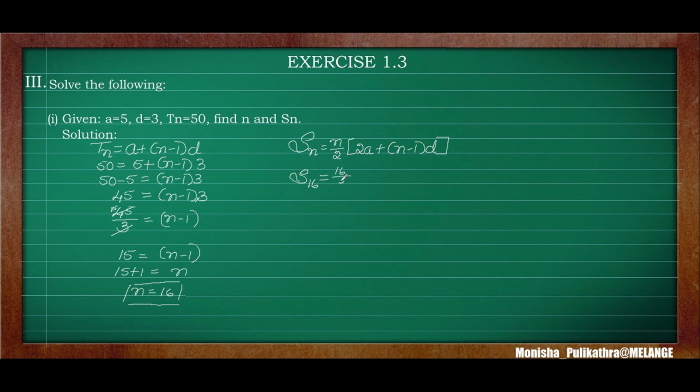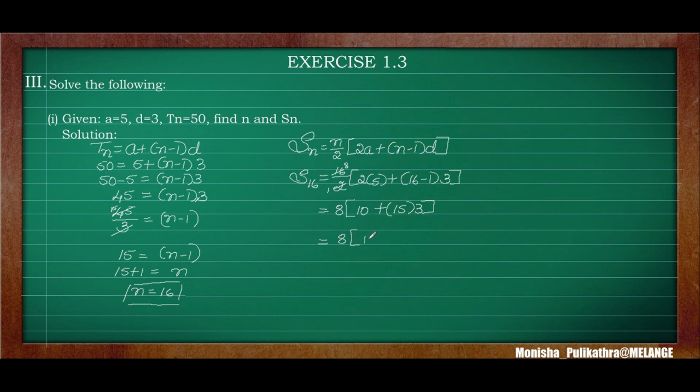So 16 by 2, 2 into a is 5 plus n is 16 minus 1 and D is 3. So here 2 ones are 2, 8 2s are 16. So 8 into 2 5s are 10 plus 16 minus 1 is 15, 15 into 3.